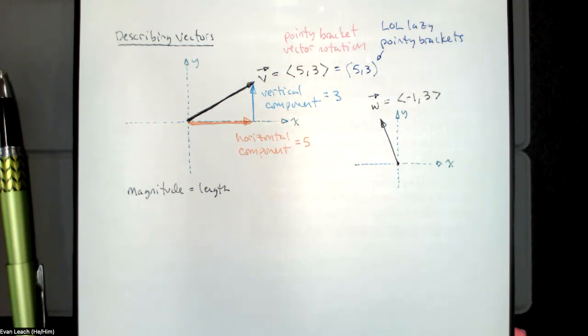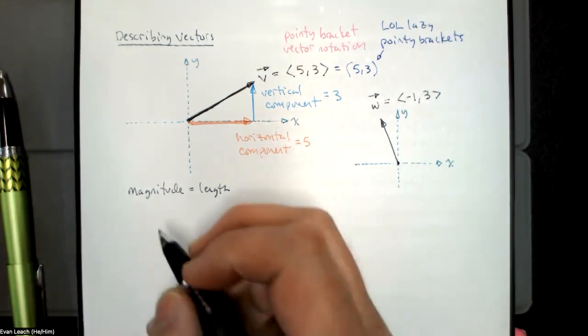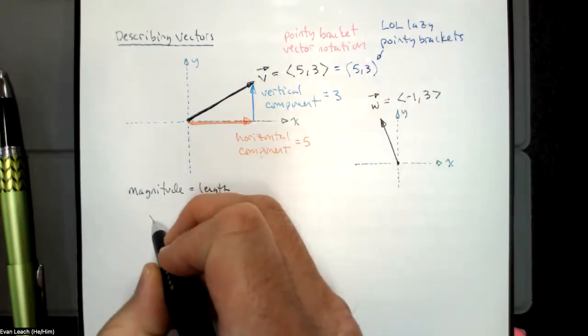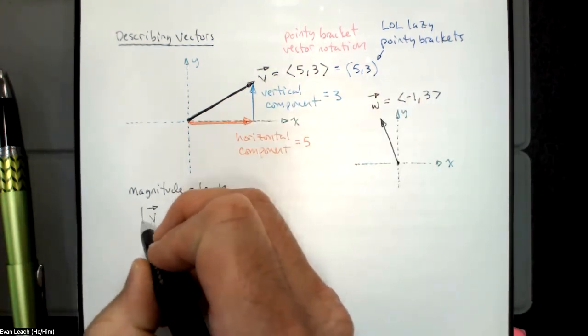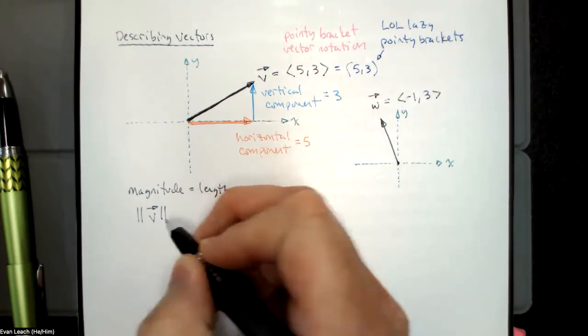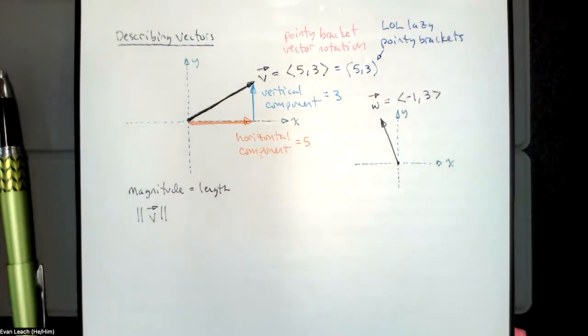But we need notation for the magnitude of the vector because this is math class and we need notation for everything. And so for the magnitude of v, it's going to look like absolute value, but two of them. Double absolute values. That's the magnitude of v. It's the length of v.